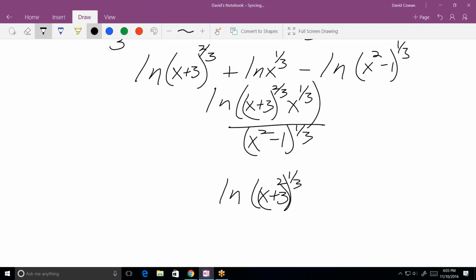Keep going. You want our final answer? Well, so far what you've given me is that. In other words, if I multiply those two exponents together, I get 2/3. Tell me what her final answer is. Natural log of the cube root of x plus 3 squared times x over x squared minus 1.